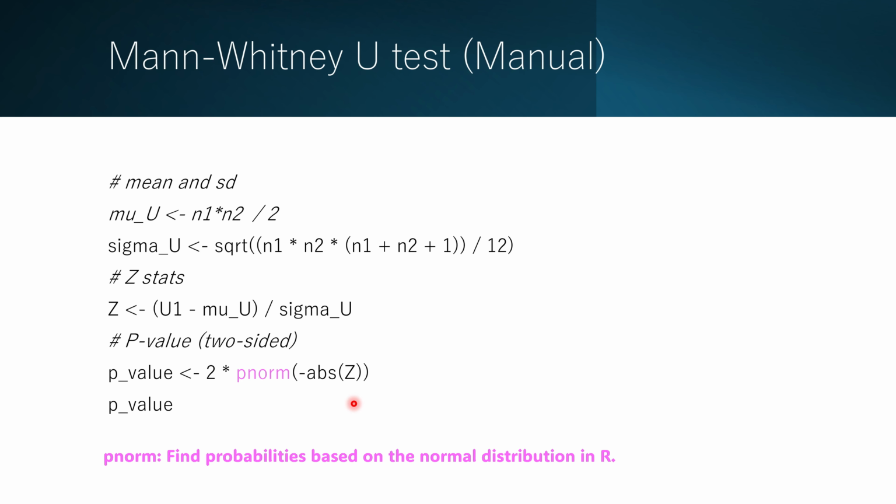Finally, we get the two-sided p-value from our z statistic using the pnorm function, which is related to the standard normal distribution. We apply the standard normal distribution, and then we can print the final p-value.